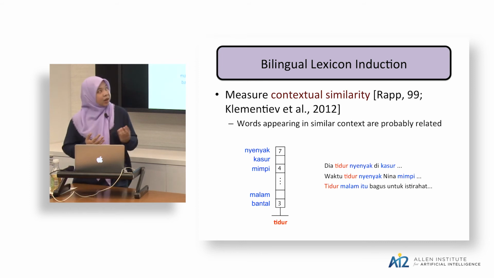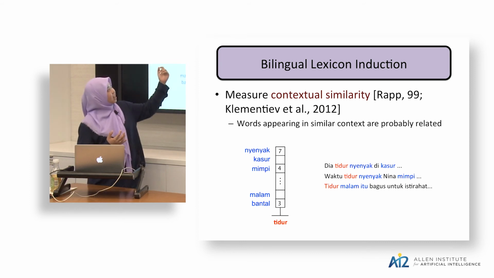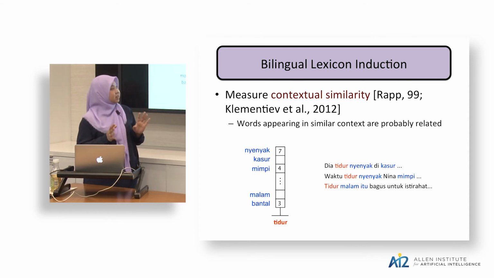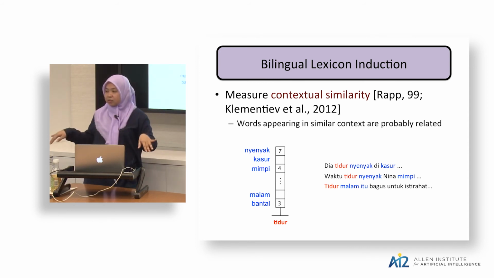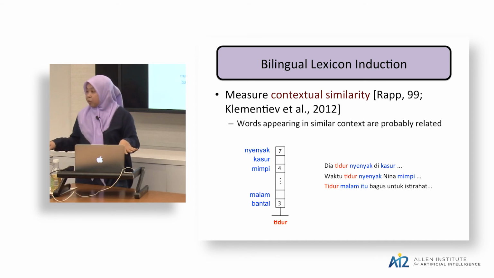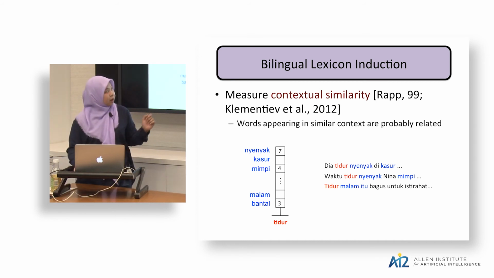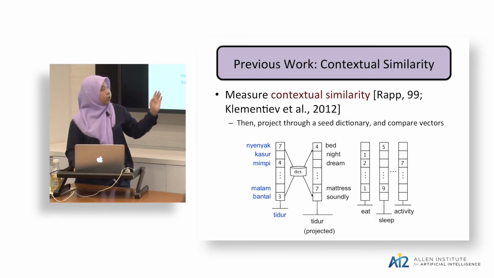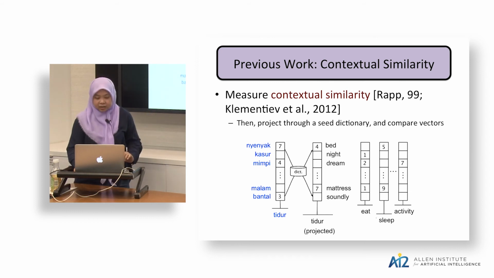The original idea was that one of the things we can measure is contextual similarity: words appearing in similar contexts, even in different languages, are probably related. So in the previous work, the way they did it is for each foreign word, we collect the context.